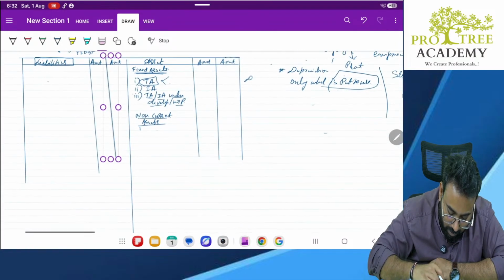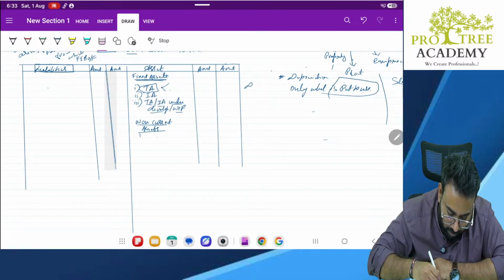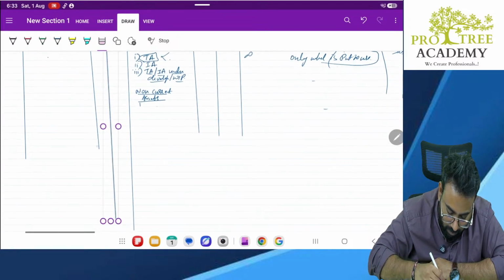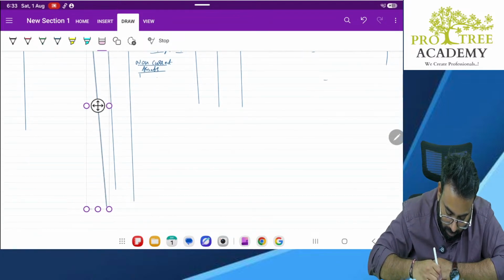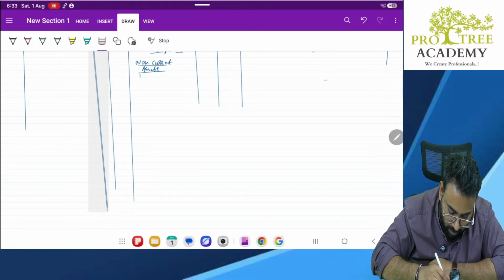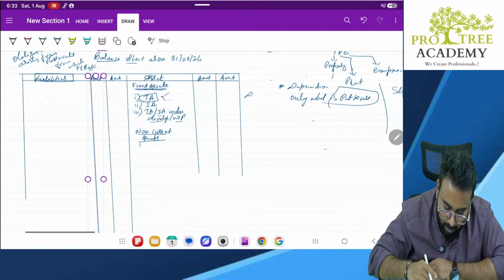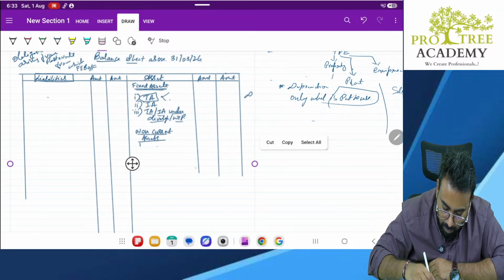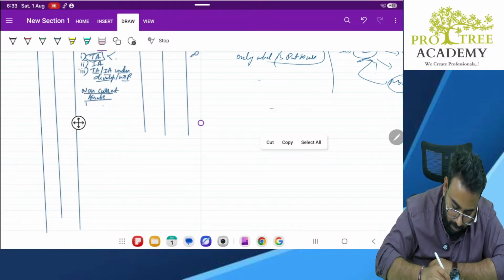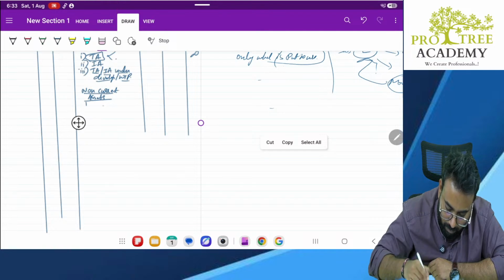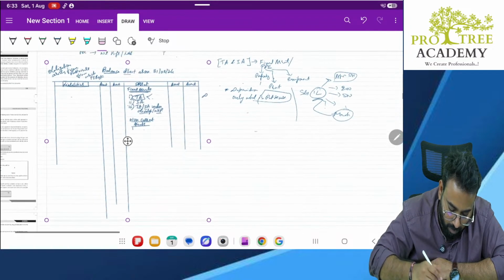Just a second. I'll just make these things correct so that we have enough space to write down. Okay, it is not coming.